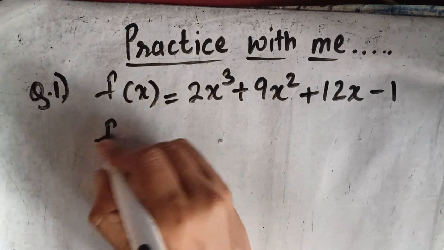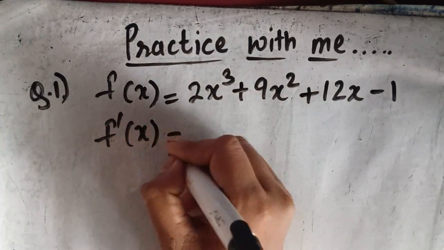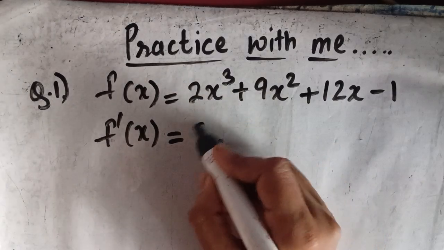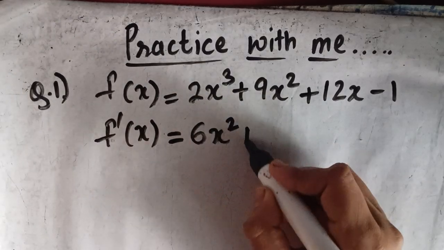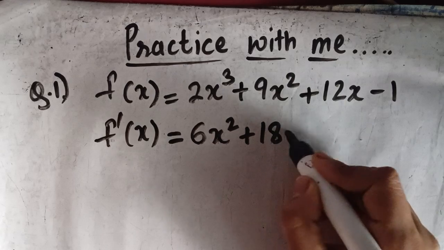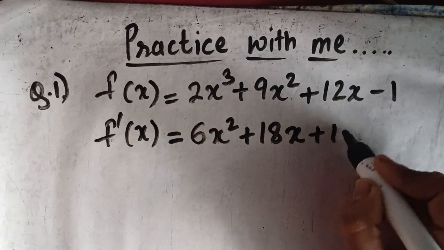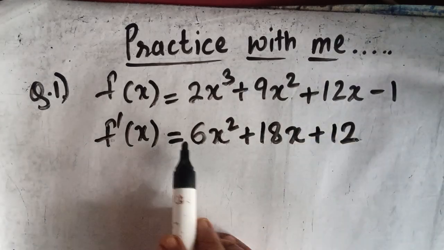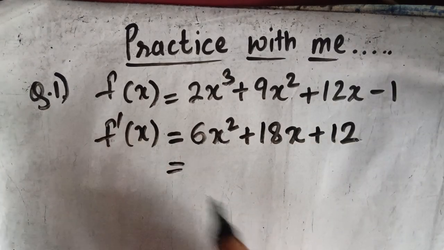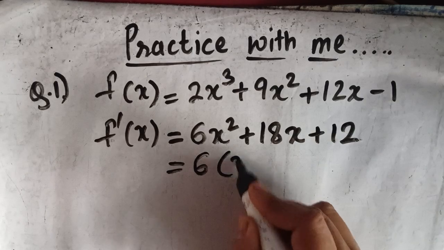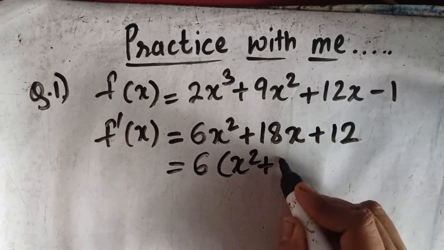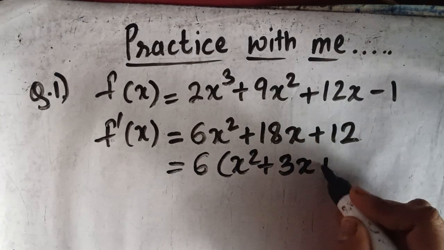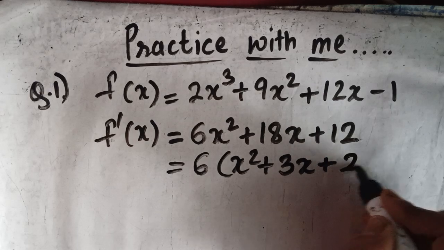So the derivative of this function with respect to x is 6x square plus 18x plus 12. The derivative of minus 1 is 0, so you'll get this. Now you can take 6 common: x square plus 3x plus 2.